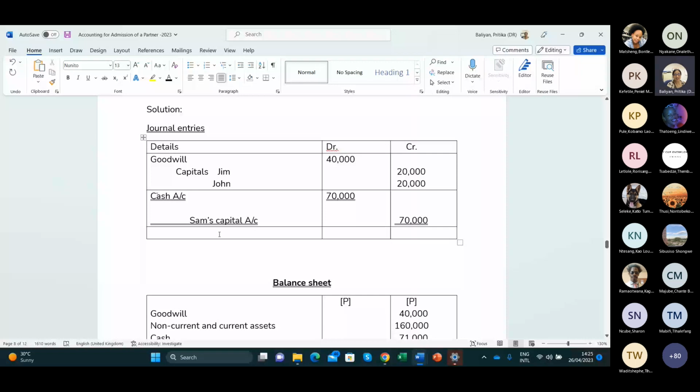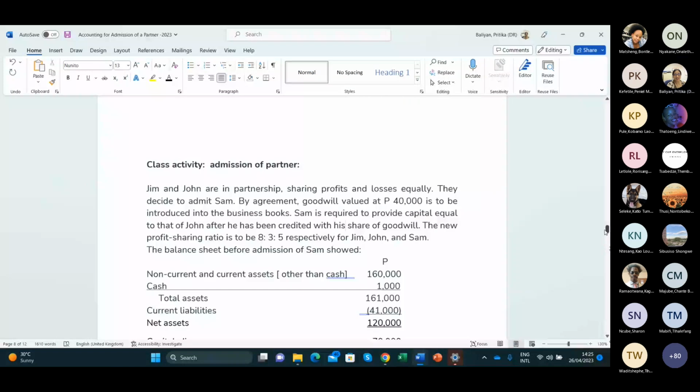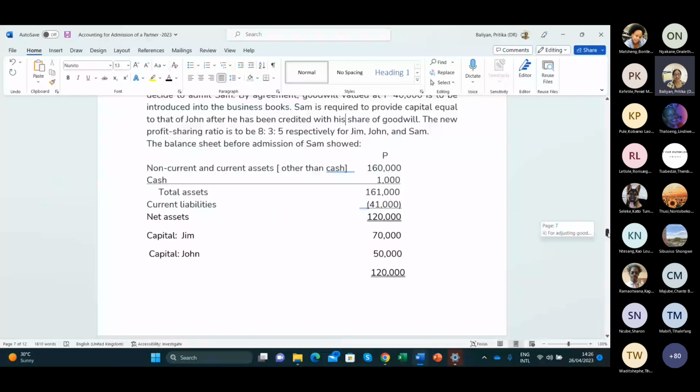Now, when Sam joined the business, the profit sharing ratio has been changed. Now it is 8:3:2 respectively. On the basis of it, we need to prepare the new balance sheet for the new business.